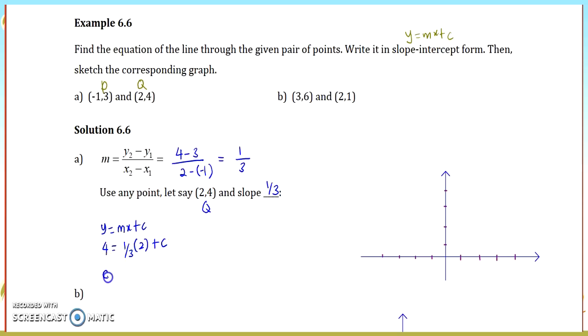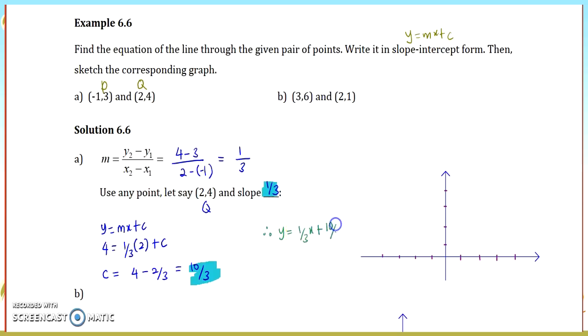We get c equals 4 minus 2 over 3, which equals 10 over 3. Now by using these two values, c and m, we can get the equation. The equation of the line that passes through points P and Q is y = 1/3 x + 10/3.